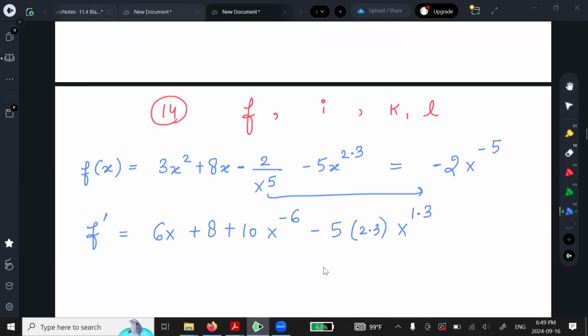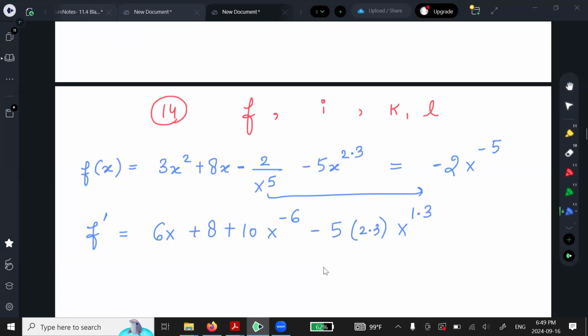Yes. If 6, oh, my bad, but the question I wrote was different. But whatever I wrote, it was just power rule. The only tricky thing for this question was you have to move that thing from the bottom to up.